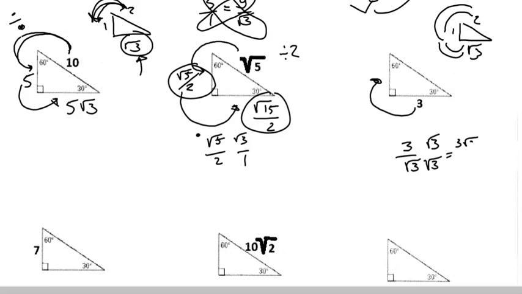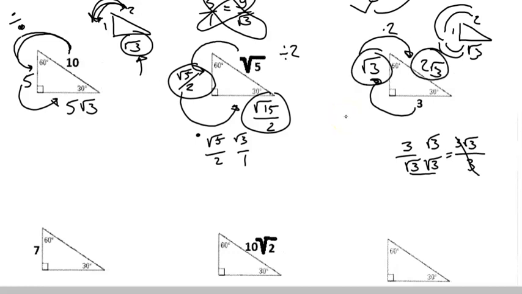It's going to give me 3 rad 3 over 3, since any radical times itself gives you the number under the radical. And we can cancel out those because they're both outside the radical. How do we get from here to here? Getting bigger, so multiply. Multiply by what number? 2. 2 rad 3. There we go.